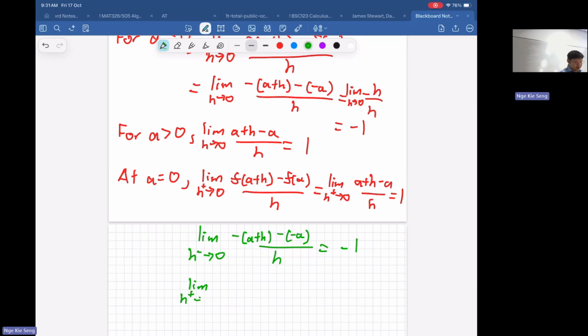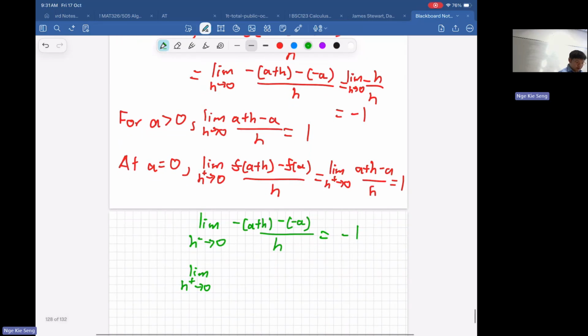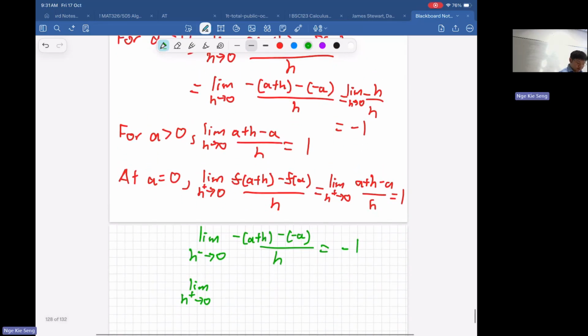So this example uses whatever you learned before to see that this function is differentiable at any point that's not the origin.